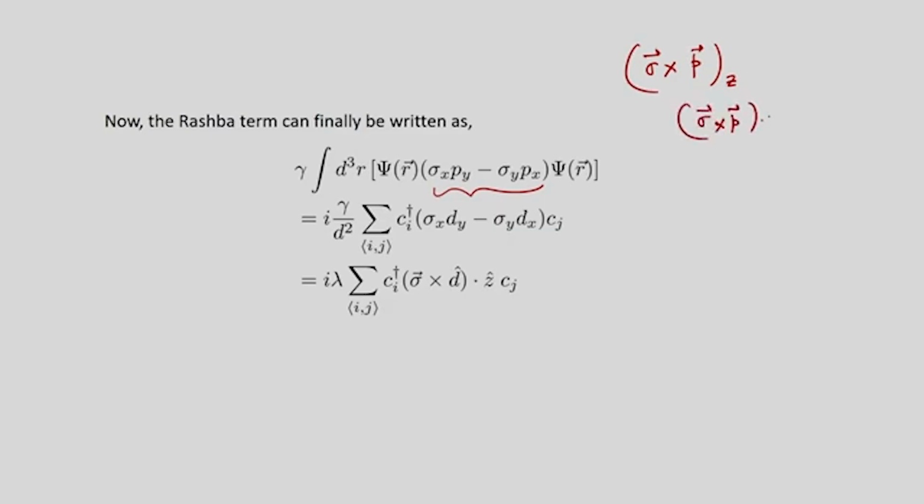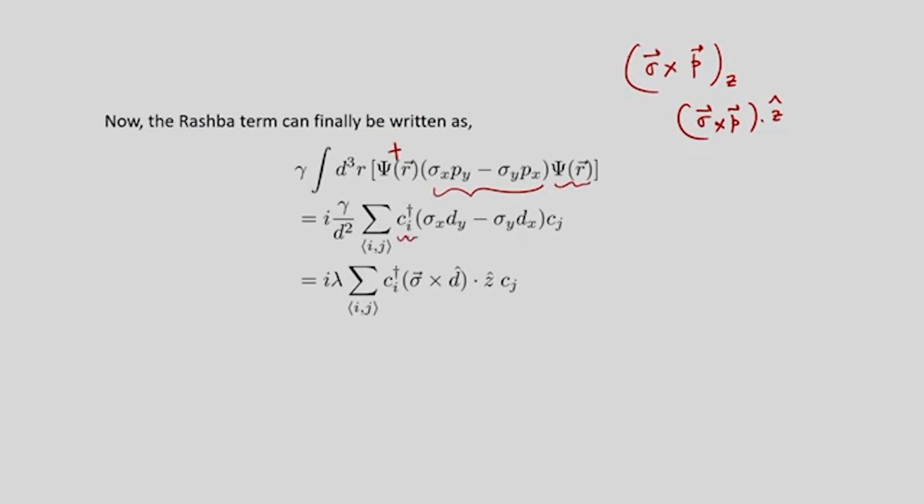And this z is nothing but, we will tell you in a moment, the direction of the electric field, which arises because there is a gradient of the crystal potential. Okay. So, now with all these things, there is this dagger that is missed here. So, psi dagger and so on, this sigma x py minus sigma y px, which is nothing but sigma cross p, the z component of that, and a psi r.